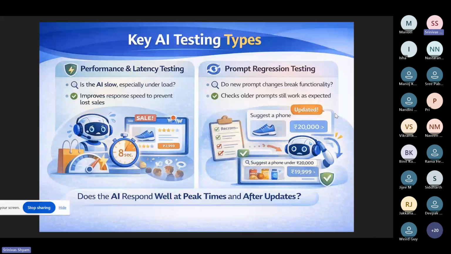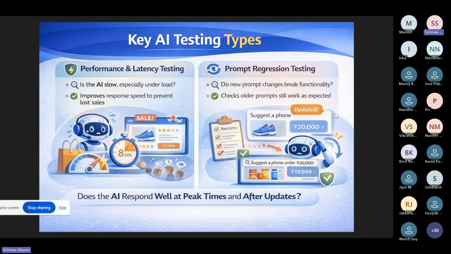At least 2 or 3 seconds is still fine, but 8 seconds plus is too much. So we have to test it and understand where things are going wrong. You can optimize the AI responses in such a way that they work well in performance.